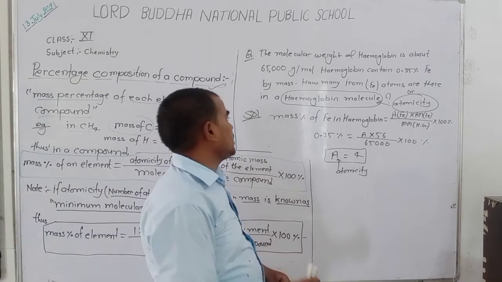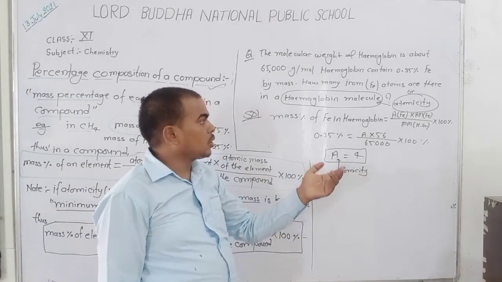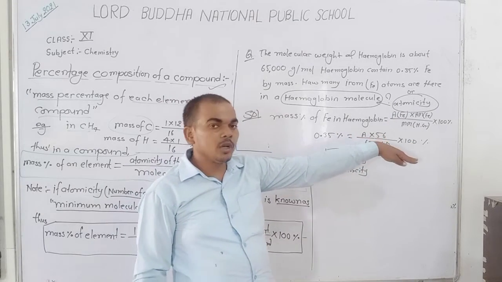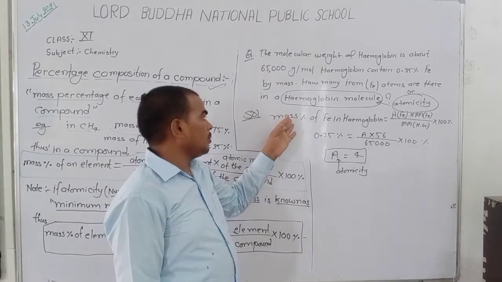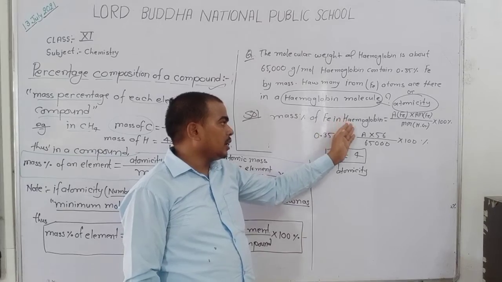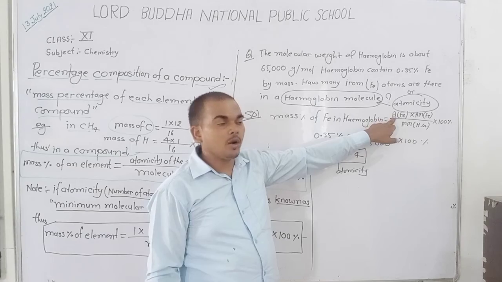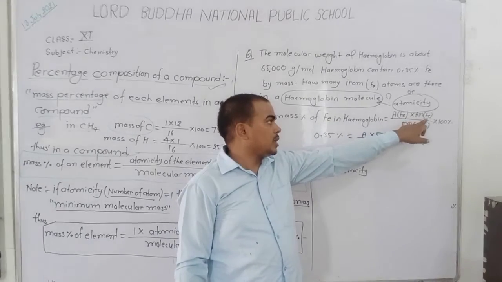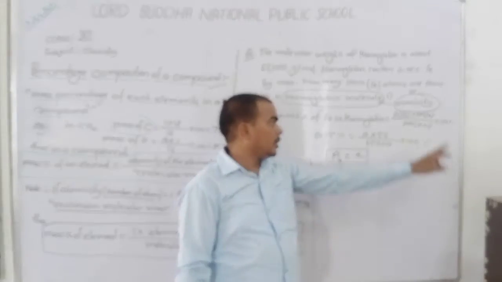Student, you know that mass percent of any element is equal to atomicity into atomic mass upon molecular mass into 100. So put the same formula: mass percent of iron in hemoglobin equal to atomicity, here A, atomicity of iron, into atomic mass AM, atomic mass of iron, upon molecular mass of hemoglobin into 100.